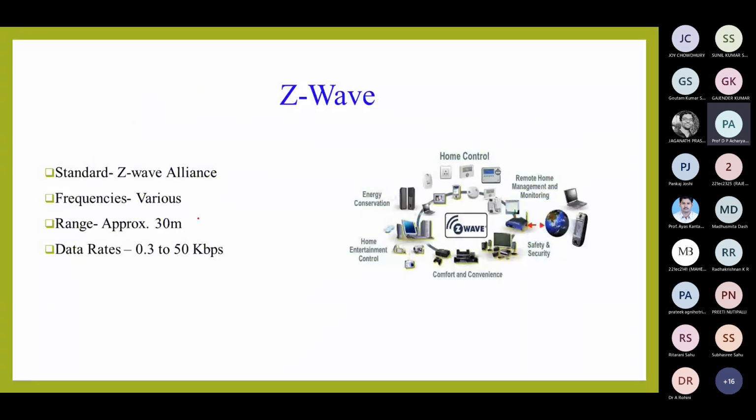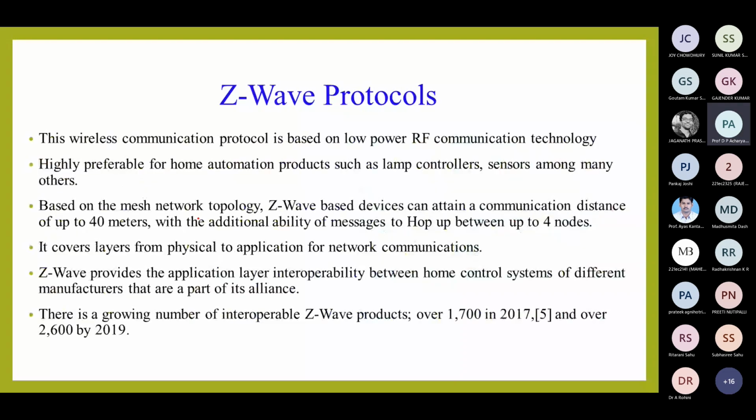Then after Sigfox, there is the Z-Wave Alliance. It is used in many applications like home control to energy conservation. It has approximately 30 meter range, of course much less range. It's a low power RF communication, mostly used in indoor environments, and uses a mesh network topology.